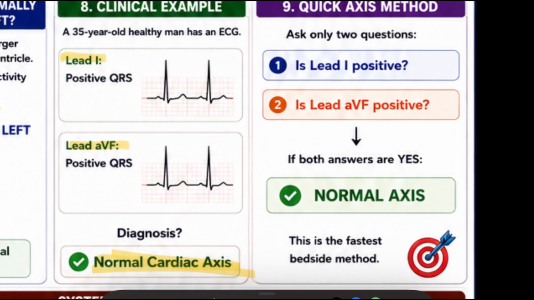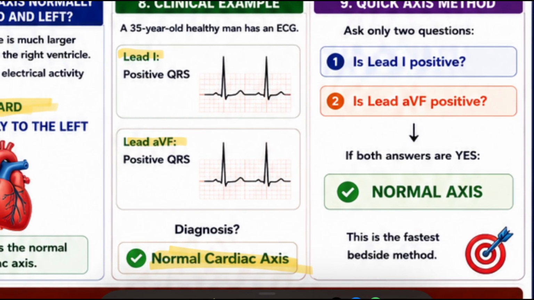So in the quick axis method, we have to ask only two questions. Whenever you are seeing any ECG interpretation, you have to ask yourself two questions. Is lead 1 positive or negative? Is lead AVF positive or negative? If both answers are positive, then it's normal axis. This is the fastest bedside method we can follow for interpreting ECG.